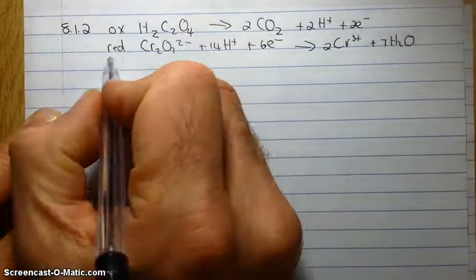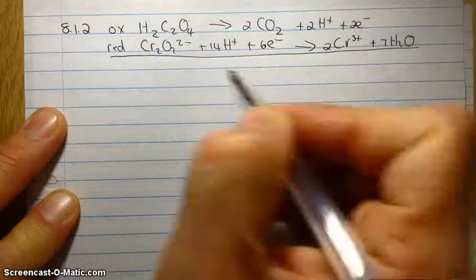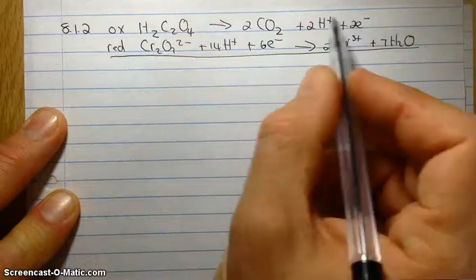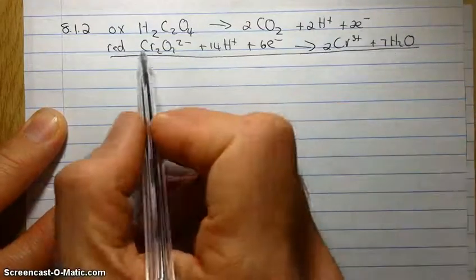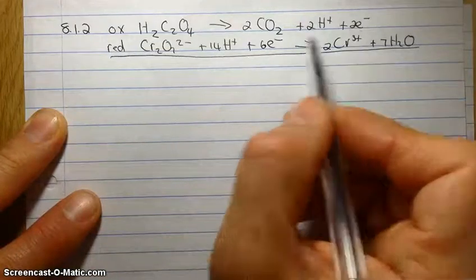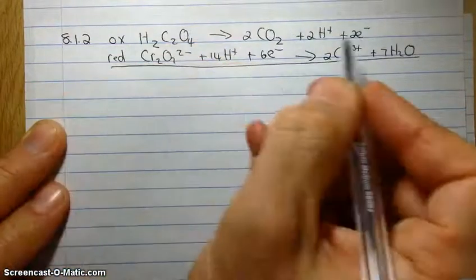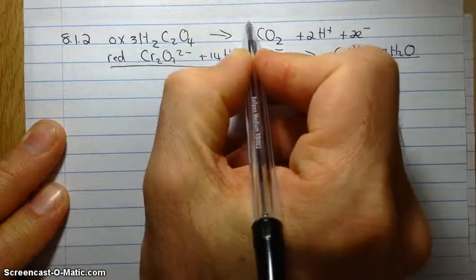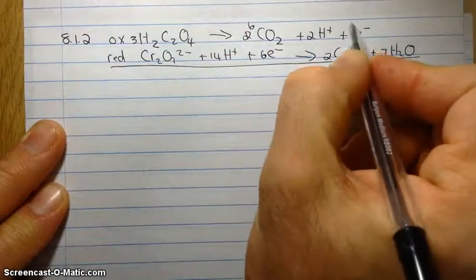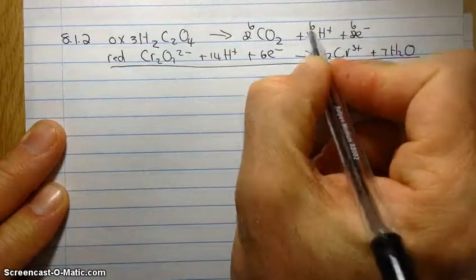And then your net reaction. Now first balance your electrons, because the oxalic acid gives away 2 electrons and dichromate receives 6, so you need to balance that by multiplying right through with 3. So it's 3 and 6, 6, 6.